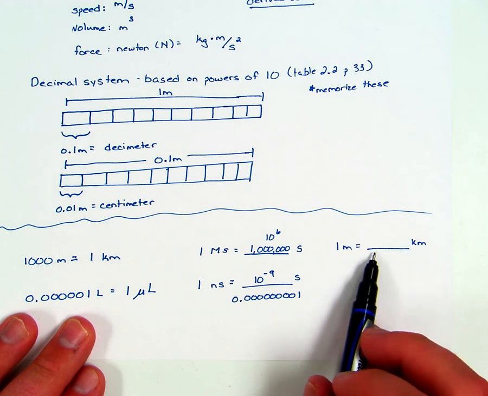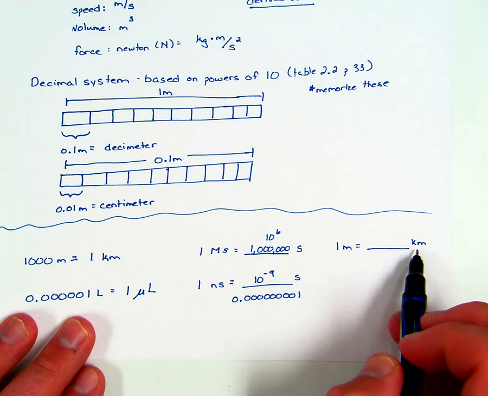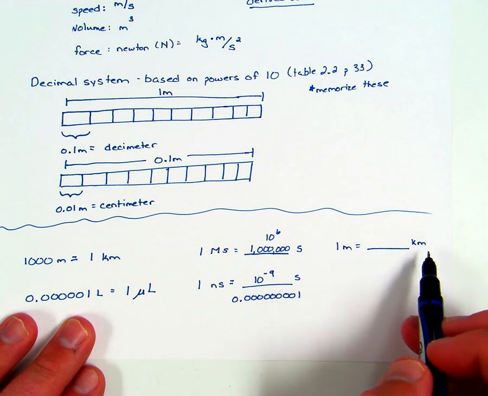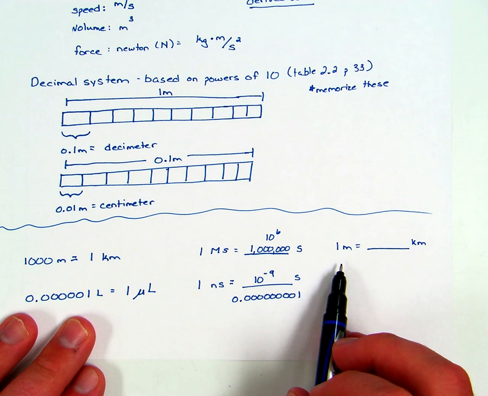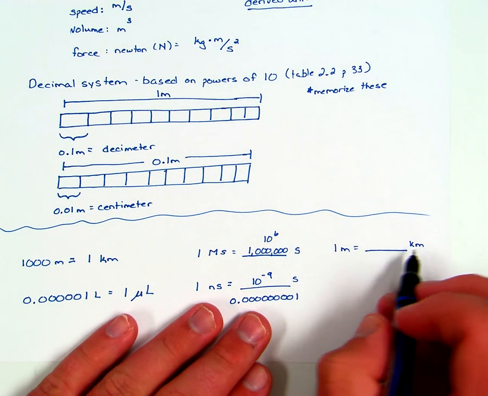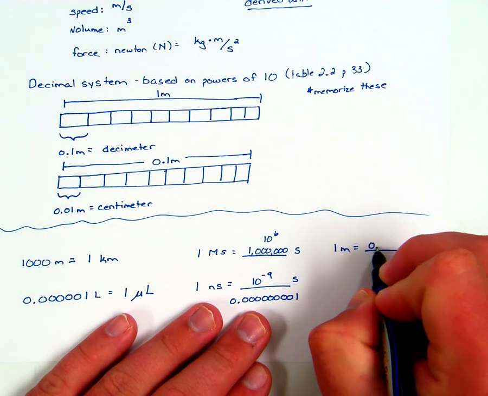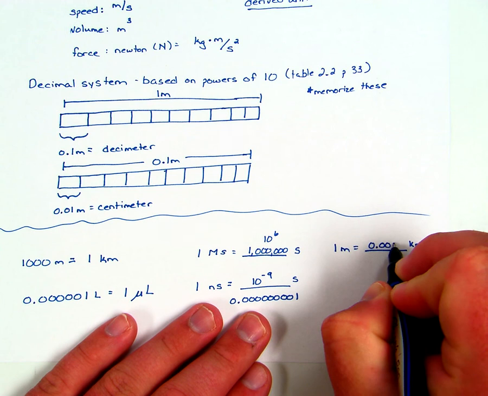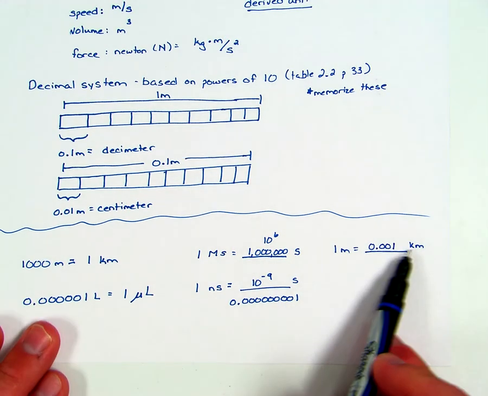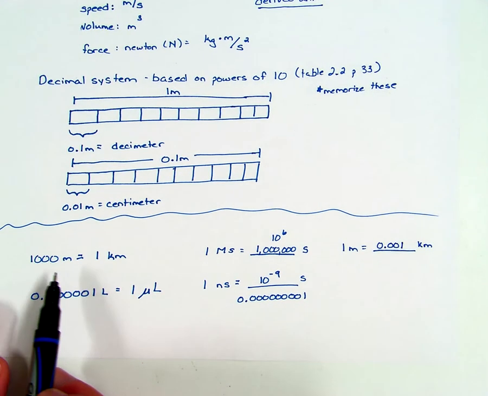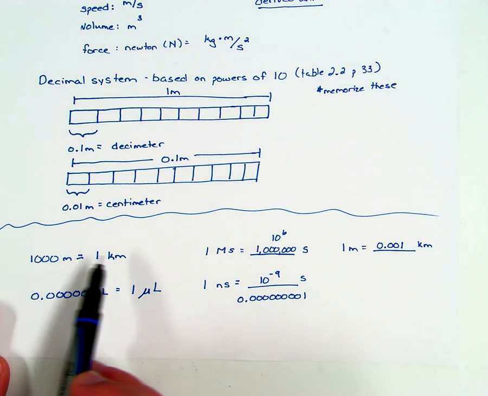A kilometer is 1,000 times bigger than a meter. So while kilo means 1,000, there would be 1,000th, or 0.001 kilometers in a meter, because there are 1,000 meters in 1 kilometer, as we wrote over here. So we have to think which unit's bigger, and we don't want a bigger number with a bigger unit, because that obviously wouldn't be the case.